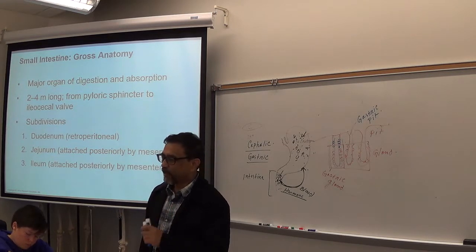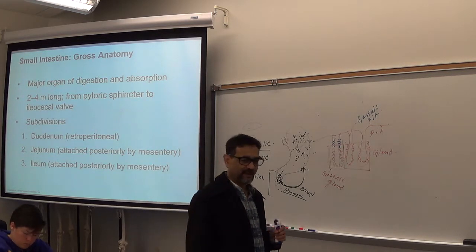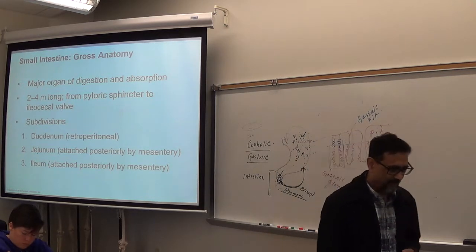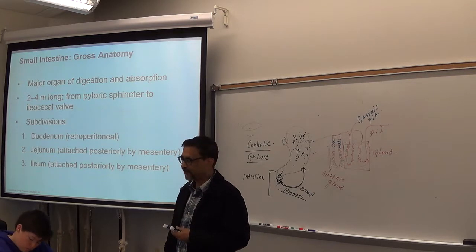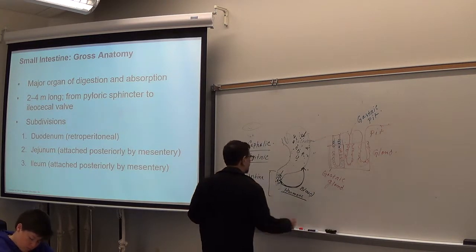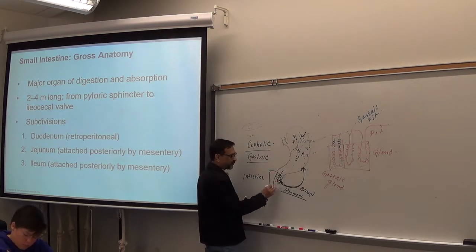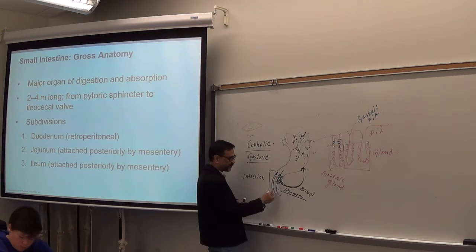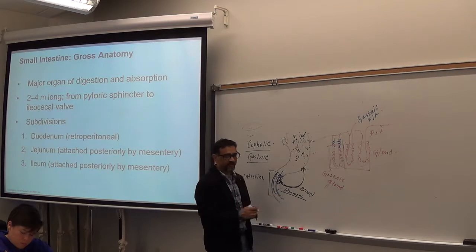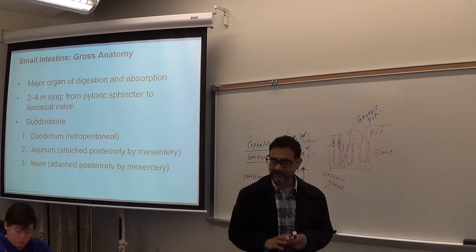Small intestine has three parts. The first short part is called the duodenum, just after the stomach, right? It is a C-shaped structure like this. C. Short, first part of the small intestine.